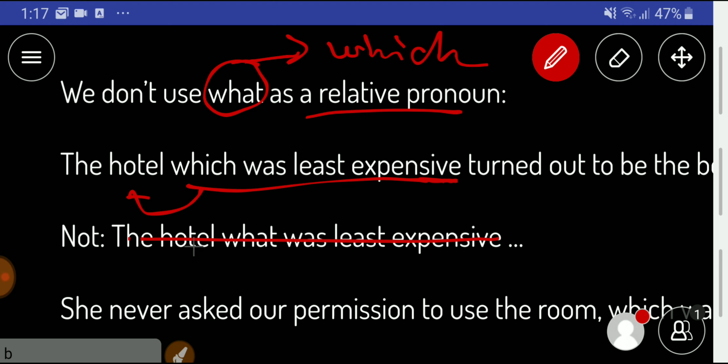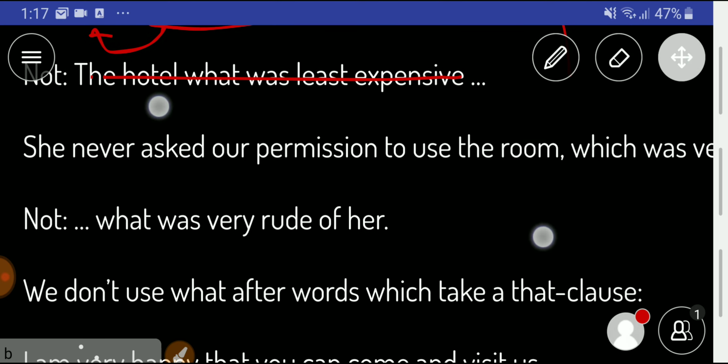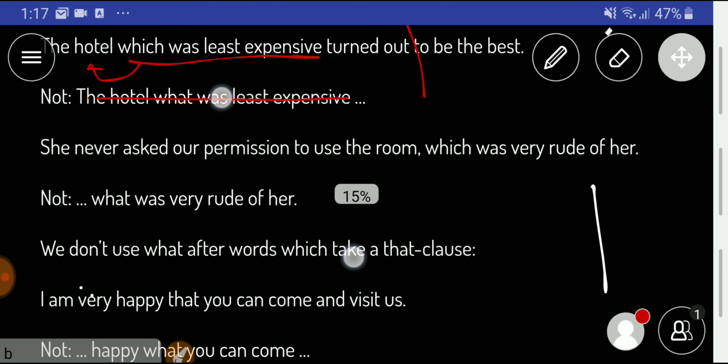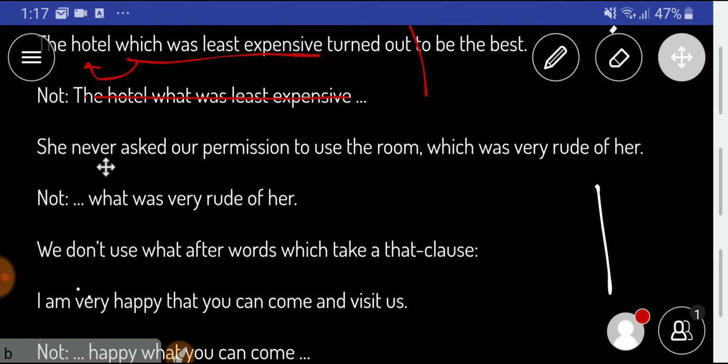Okay, let me take another example. She never asked our permission to use the room, right? Then comma, which was very rude of her. The antecedent of this pronoun which is the room.